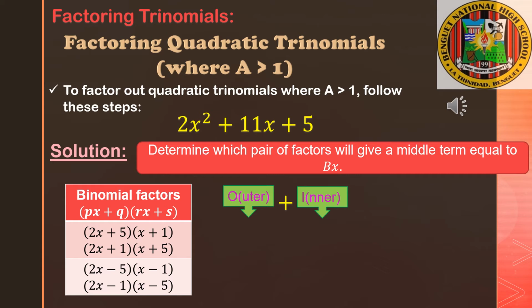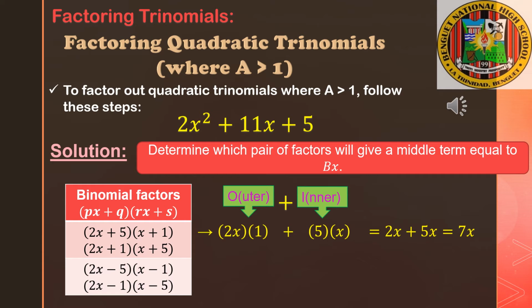Let's investigate our factors. For the factors, the quantity 2x plus 5 and the quantity x plus 1, we see that the outer terms are 2x and 1, while the inner terms are 5 and x. If we get the product of the outer terms, we have 2x as a result.